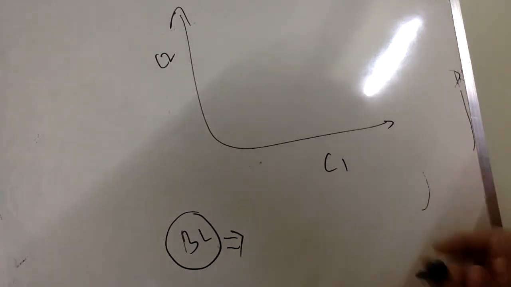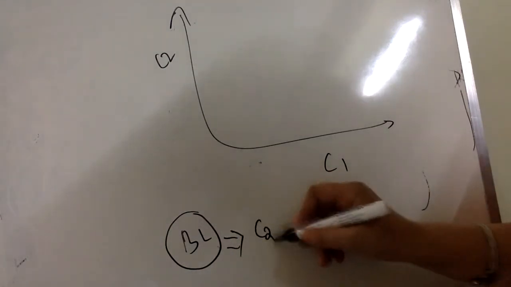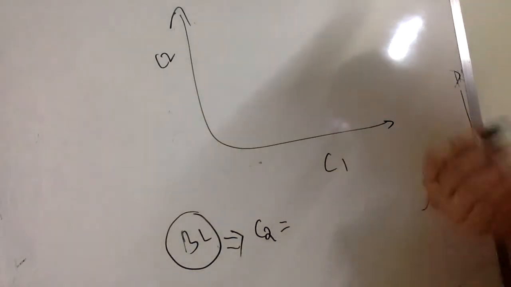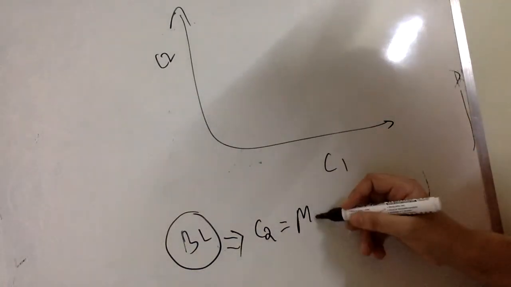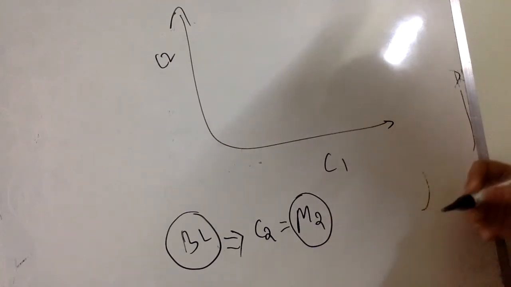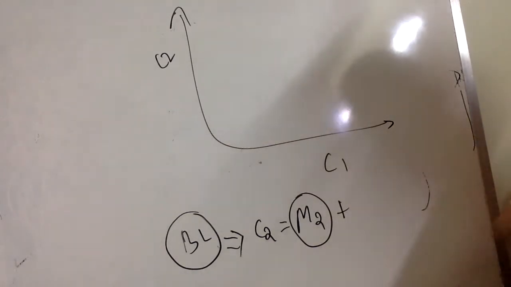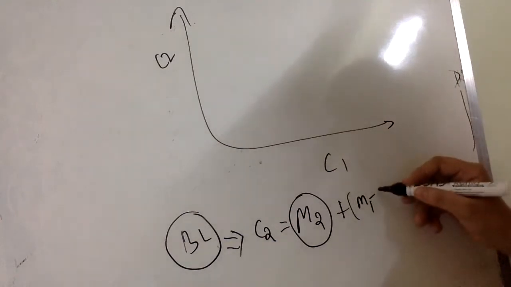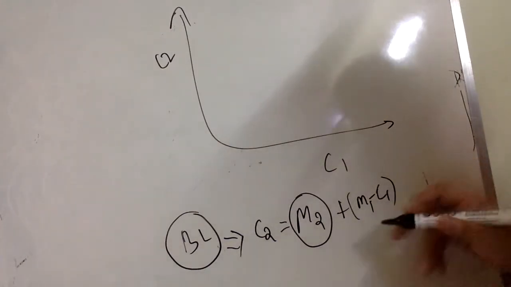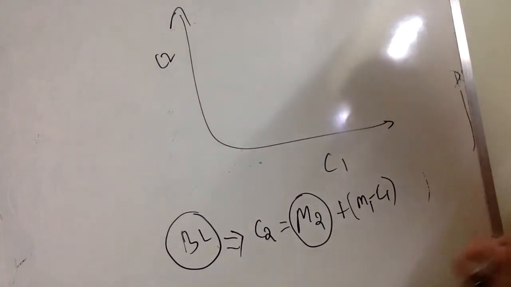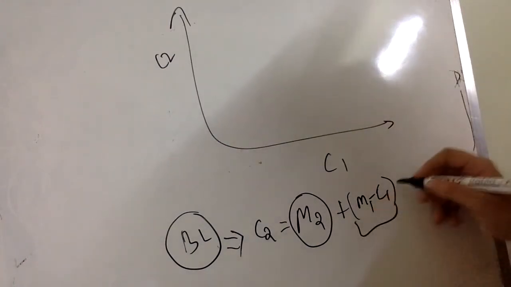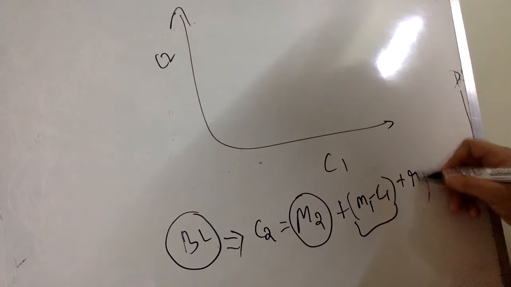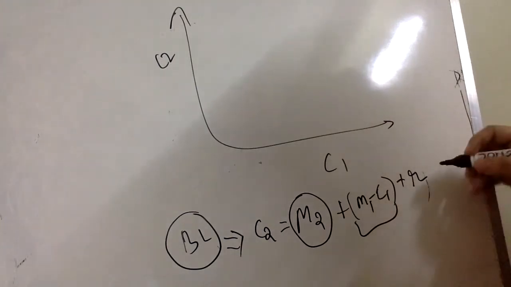My consumption in period 2 is my income of the second period, plus, if I save in the first period, M1 minus C1, which is the amount that I saved, and in addition to my saving, I earn some rate of interest. Suppose R is the rate of interest that I earn on my savings.